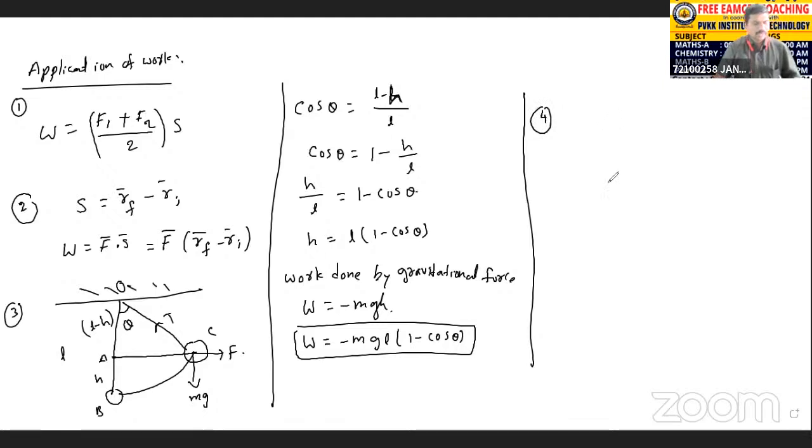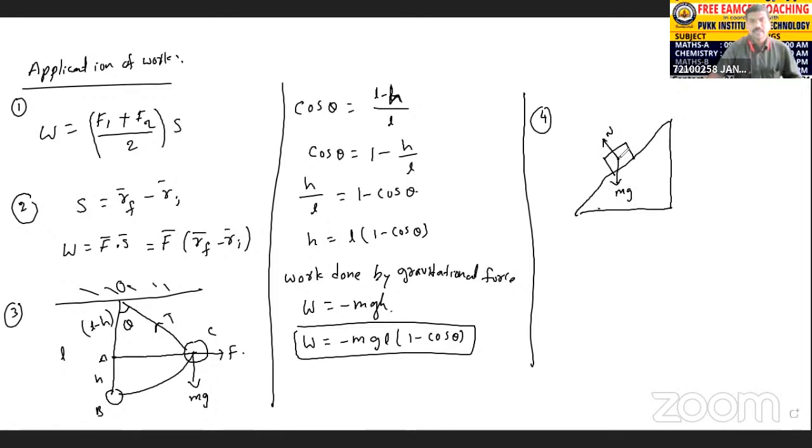A body of mass m slides down a smooth inclined plane. This is the inclined plane, a smooth inclined plane, and the body of mass m is placed on it. The weight of the body acts downward, mg, and the normal reaction N acts upward.